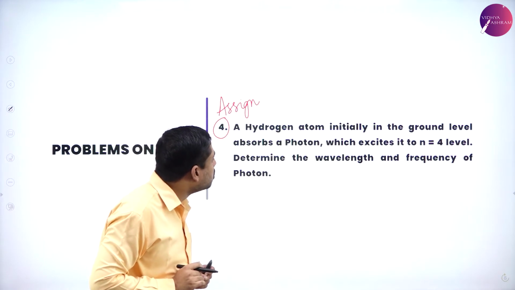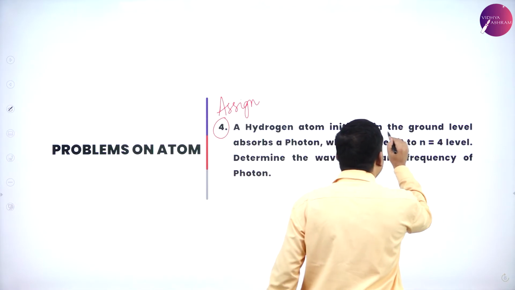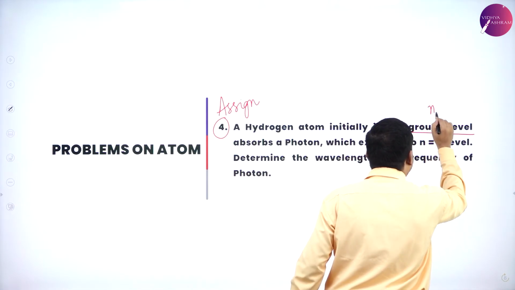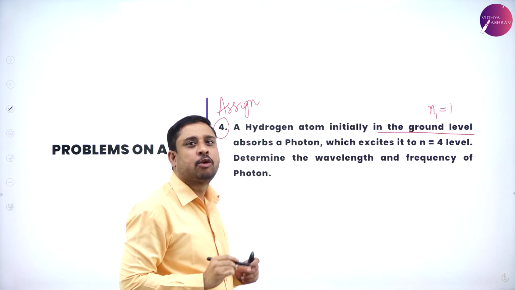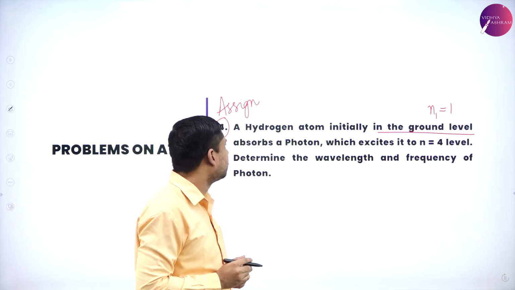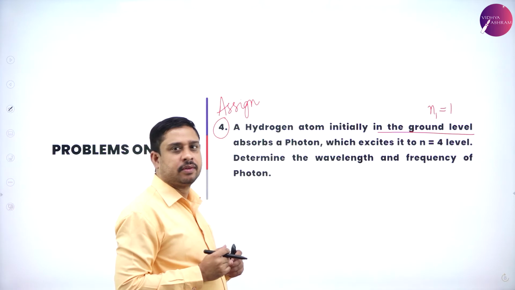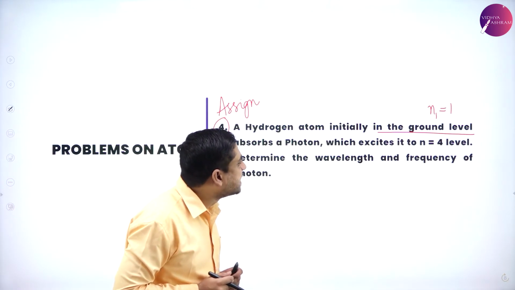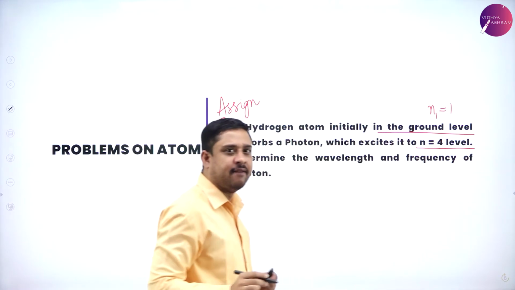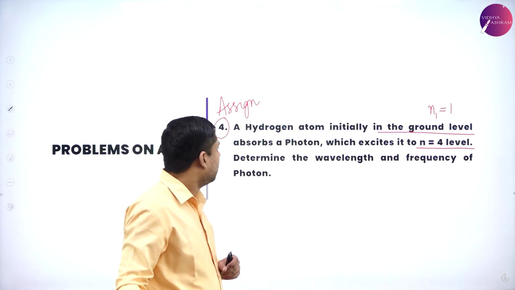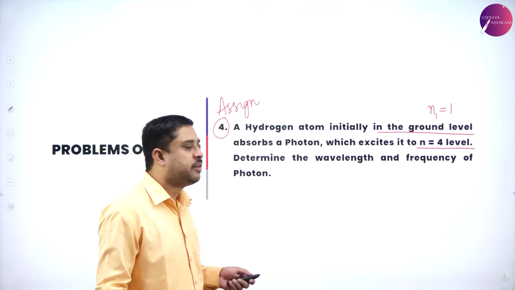A hydrogen atom initially in the ground level, n equals 1, absorbs a photon which excites it to the n equals 4 level. Determine the wavelength and frequency of the photon.